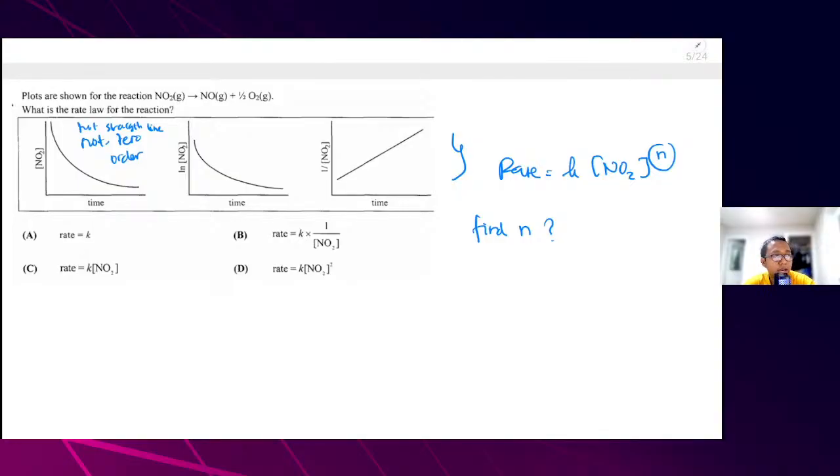For the first graph, you see it just shows the amount dropping in a curve down, which tells us that it's not zero order.